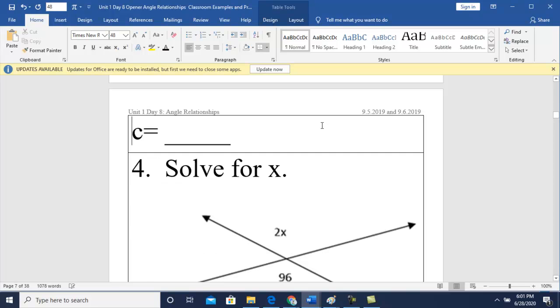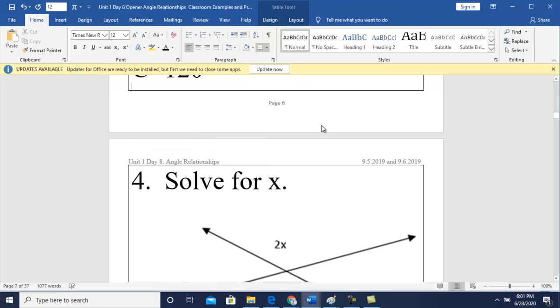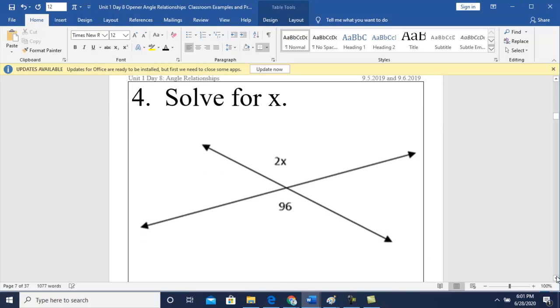All right, so let's take a look at number 4. Now here's an example of two angles that are considered to be vertical angles.